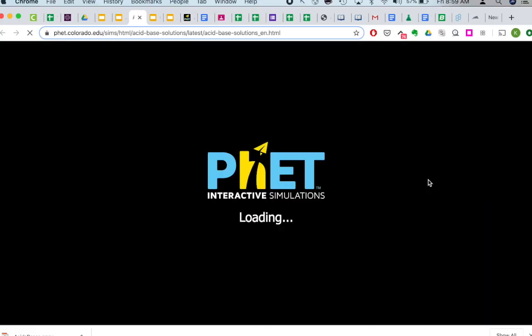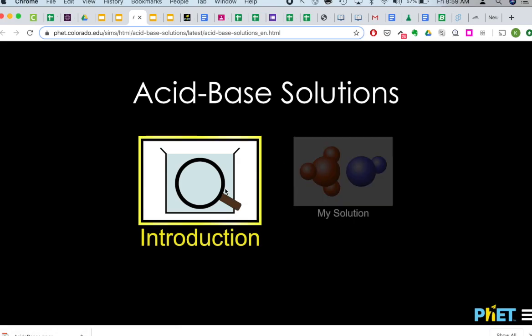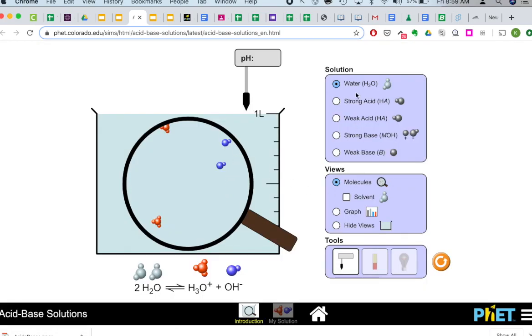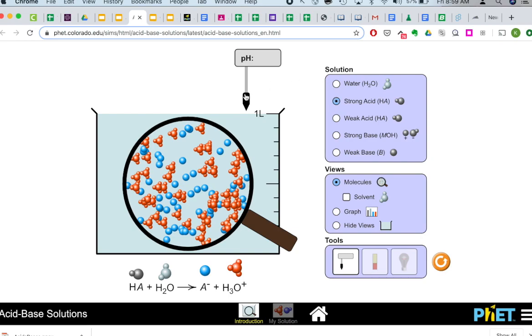To take a quick look at this visually, if you have just water and you add a strong acid to it, and we can measure the pH also. If the acid is in the form of HA, meaning here's your proton, and A is just a generic non-metal, then the A minus that results when the proton is lost from the acid, and the hydronium ion that is formed.